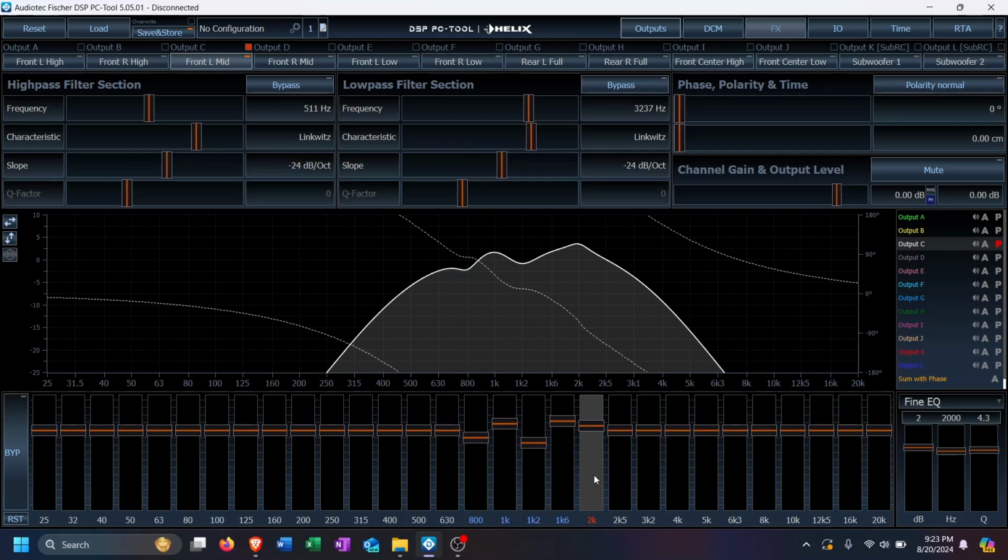So yeah, to sum up, you don't want to go really any higher, especially if you're a beginner, than a Q factor of 4.3. That's consistent with 1/6 octave smoothing. And so if that's what you're tuning with, then there's really no need to go higher than that.